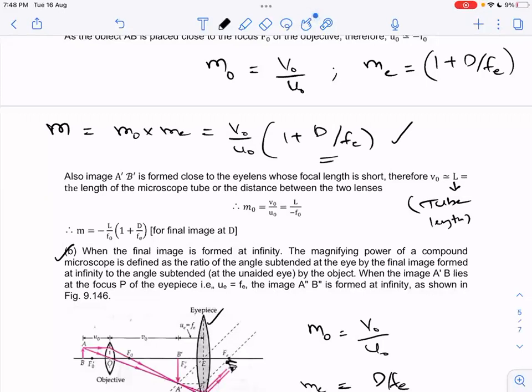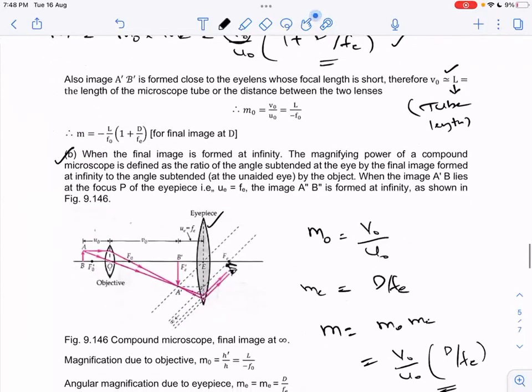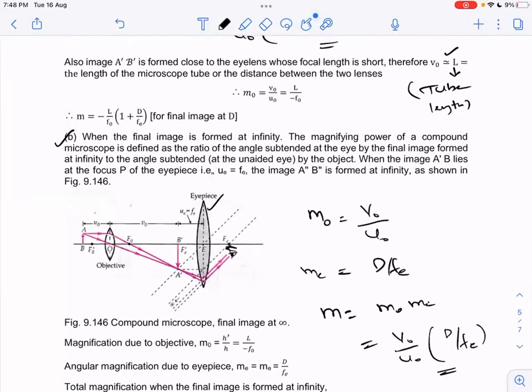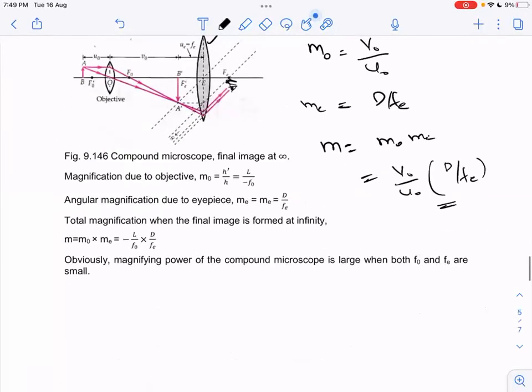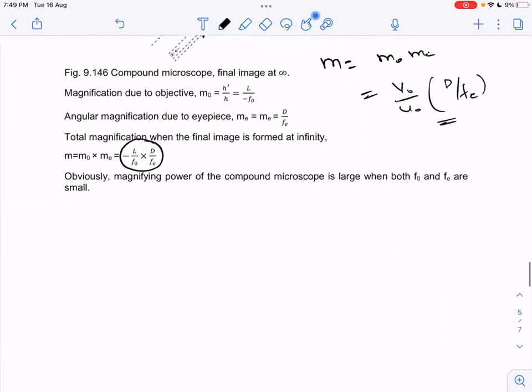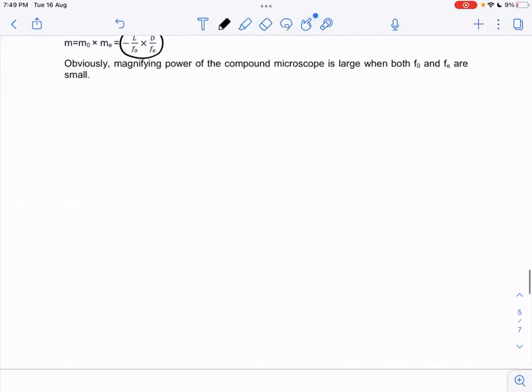We have written V naught here, but instead of V naught, it is sometimes approximated to the tube length itself, because the distances are small enough that the approximation holds good. So the magnification can also be written as L divided by F naught into D by Fe.